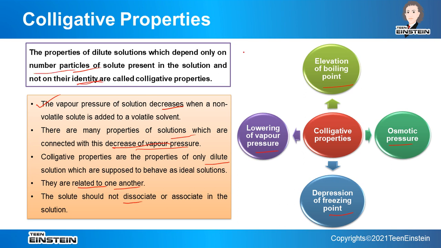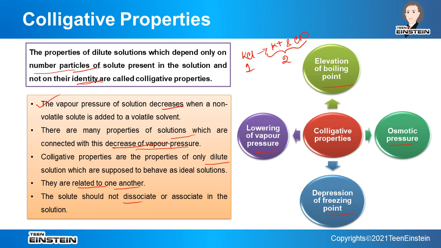So when from a single particle, KCl, you are now getting K plus and Cl minus, here it is only one particle, but here we are getting 2 particles. So obviously now the result will vary. But in the case of glucose, when there is no dissociation, the particle number will be the same, whether it is in solution or in solid state.